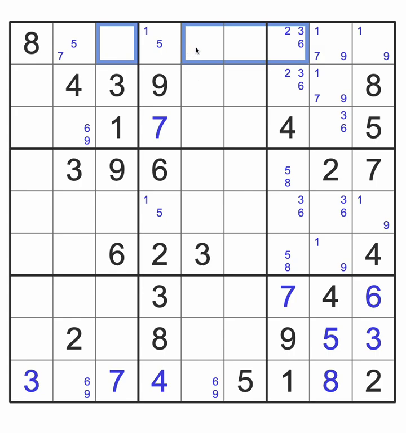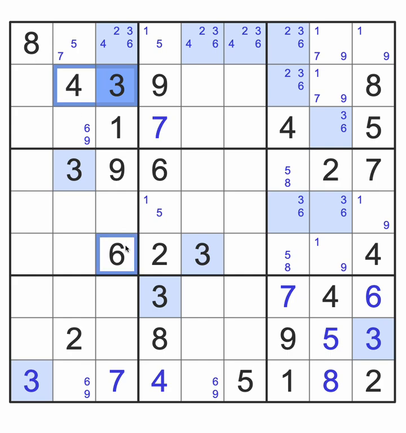2, 3, 1579, 2, 3, 2, 3, 4, 6. This is already 2, 3, 6, so 2, 3, 4, 6. And this cell is blocked by 3, 4, 6. So this cell can only be 2.